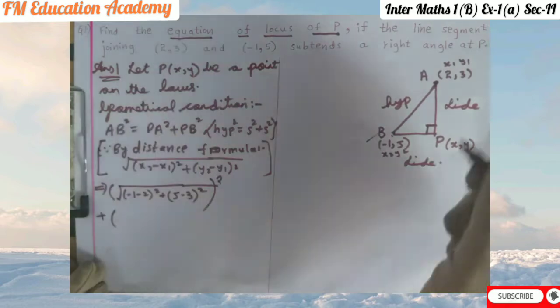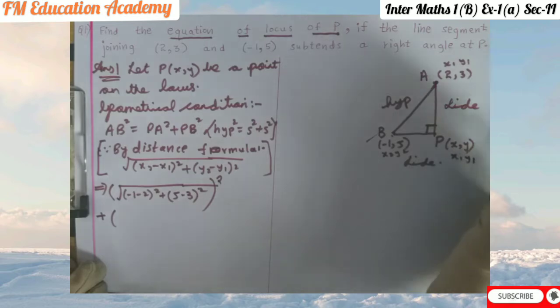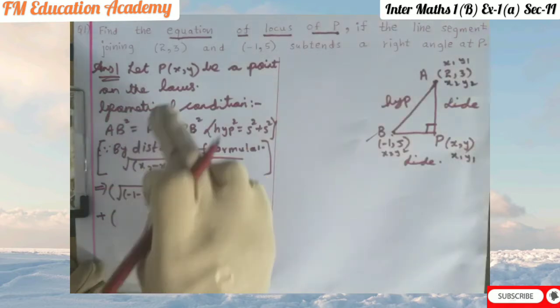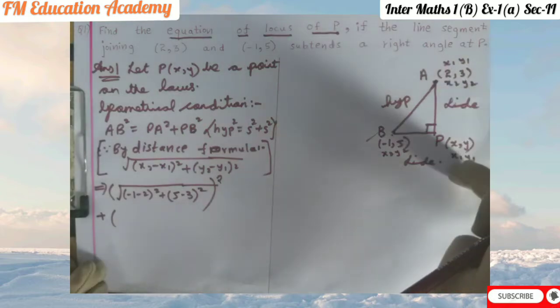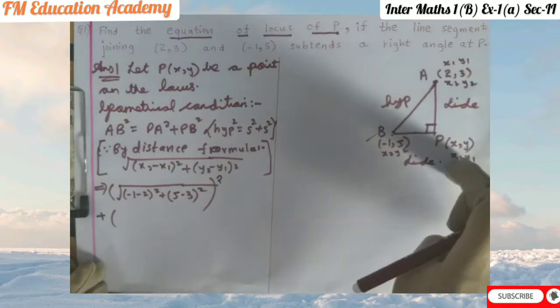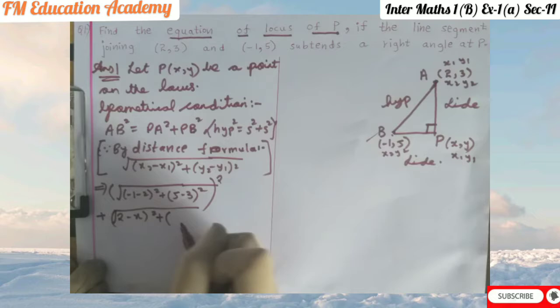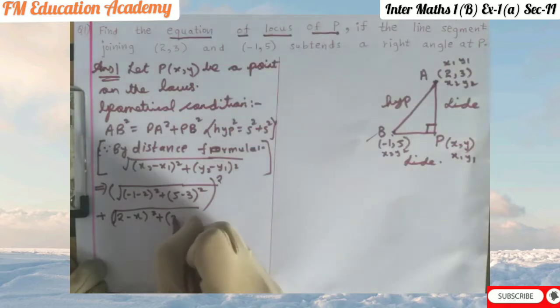PA square means P if you consider (x1, y1), A will be our (x2, y2). So here PA square means root of (2 minus x) whole square plus (3 minus y) whole square.